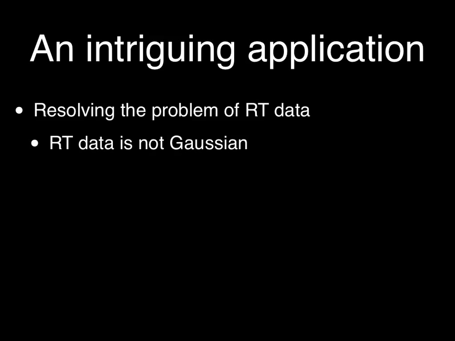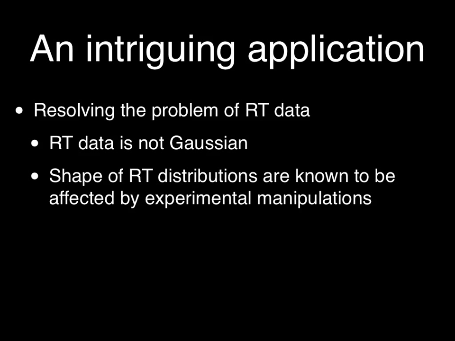However, we know explicitly that reaction time data is not Gaussian. You can just plot it up and it's not Gaussian. Indeed, people that have looked at this very carefully have found that the shape of reaction time distributions is known to be affected by different experimental manipulations. So things like Stroop, memory load, they all affect the shape of the reaction time distribution, not just its shift.